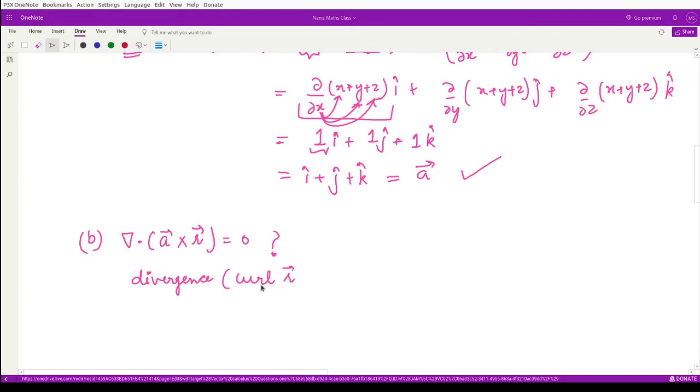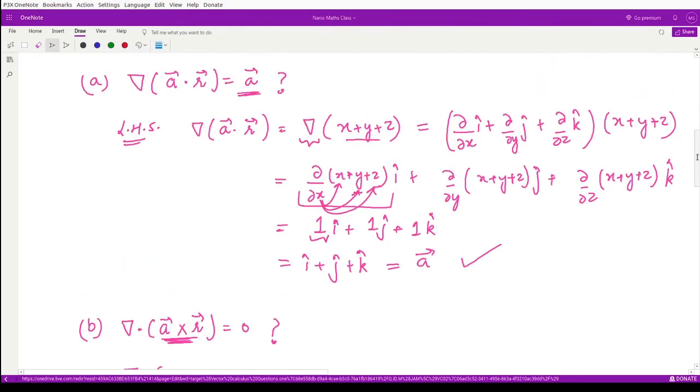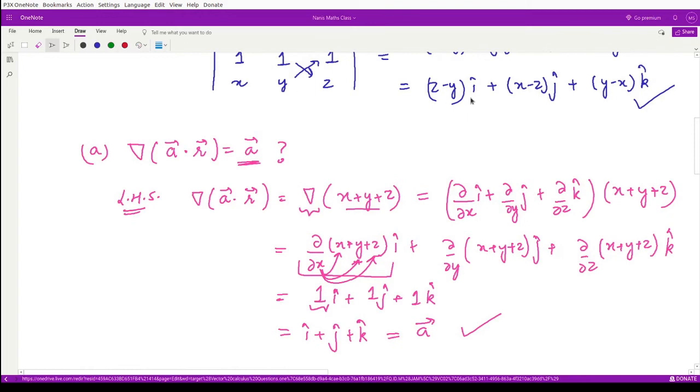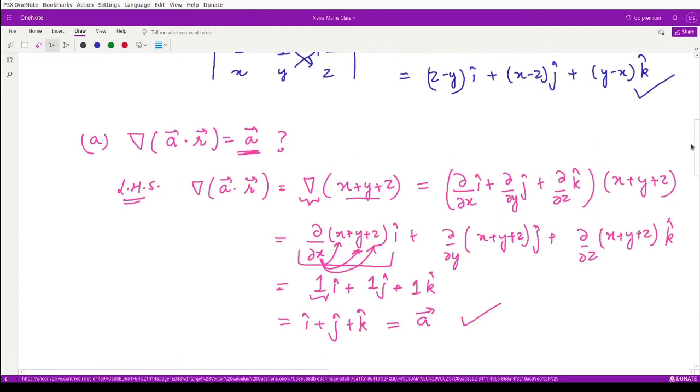It is not actually the curl, because curl is taken whenever you have del here. So we have to perform the calculations. What is your vector A cross vector r? We have calculated this to be equal to z minus y i cap plus x minus z j cap plus y minus x k cap.